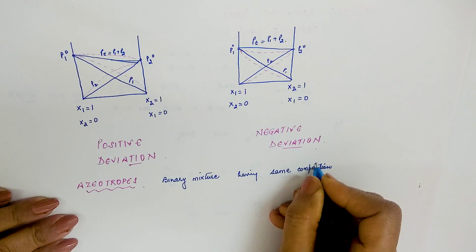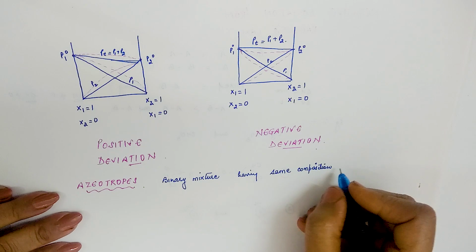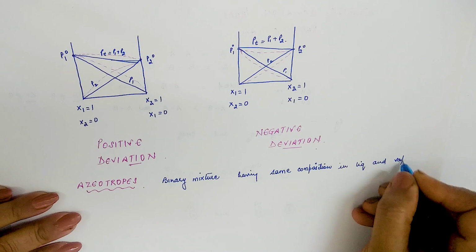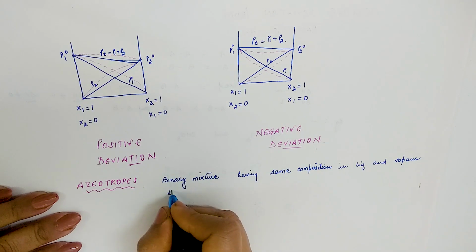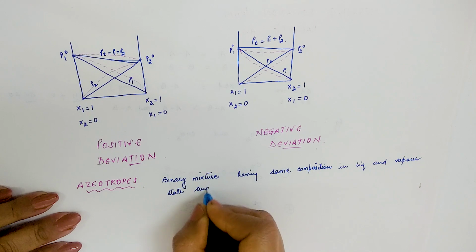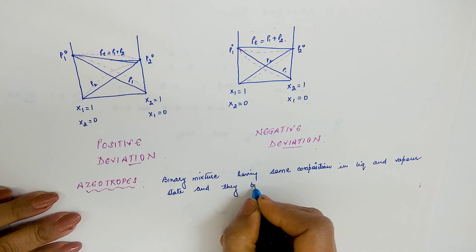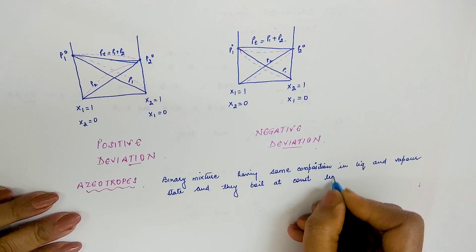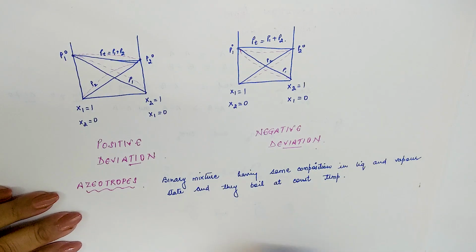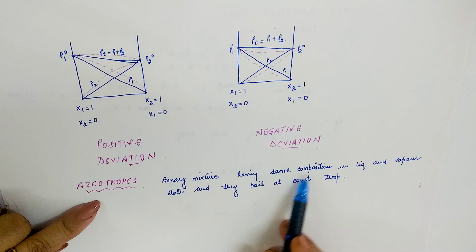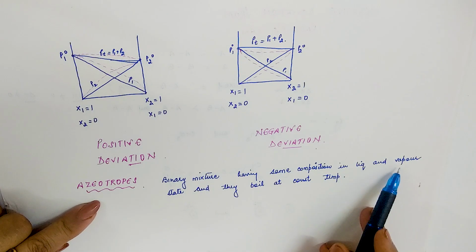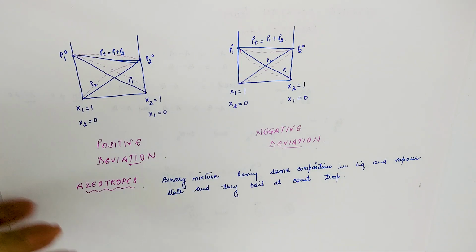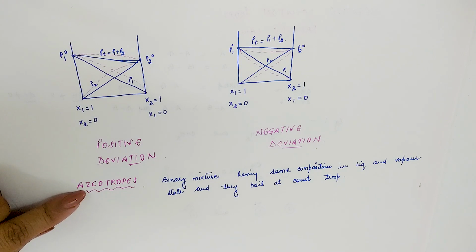Same composition means the mole fractions are the same in the liquid and vapor state, and they boil at constant temperature. Okay, so a binary solution which has the same composition in the liquid and the vapor state and boils at a constant temperature, such a solution is known as an azeotrope.